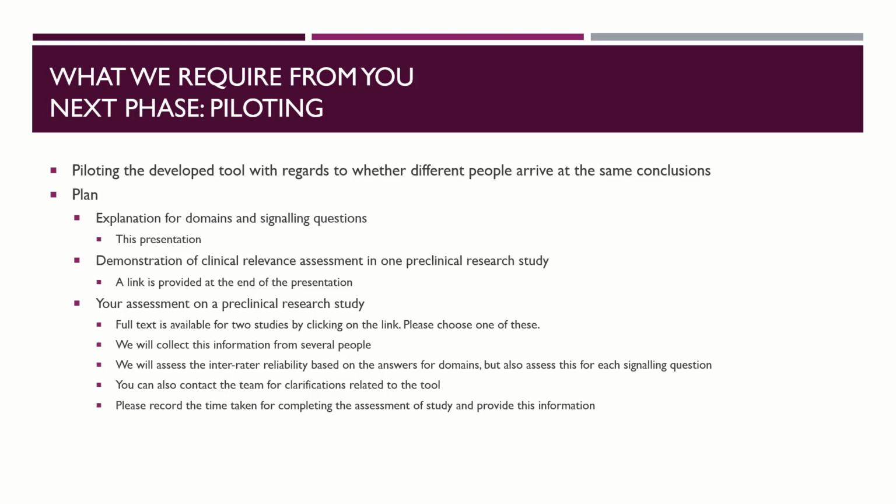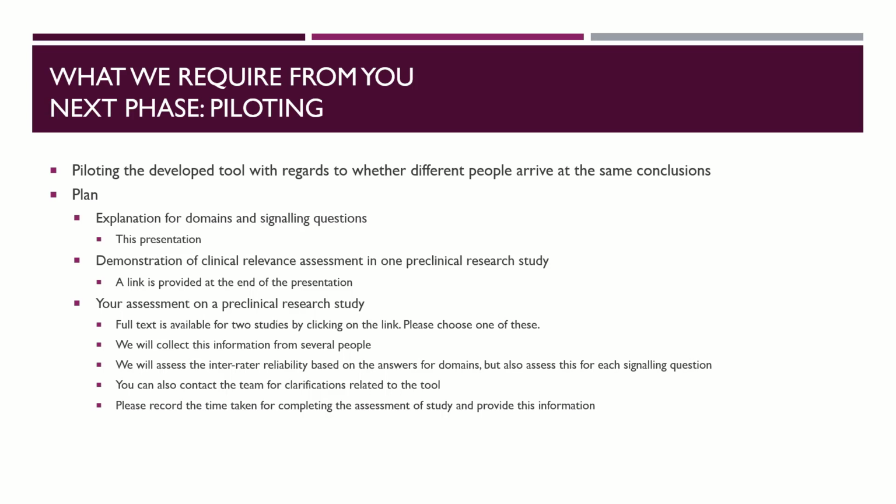And then we want you to assess a preclinical research study. Full text is available for 2 studies by clicking on the link, again available in this presentation. Please choose one of these, anyone will do. We'll collect this information from several people. We will assess the inter-rater reliability based on the answers for domains, but also assess this for each signaling question.